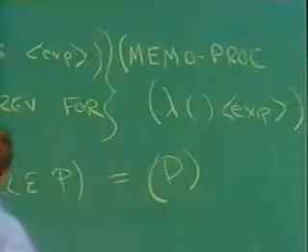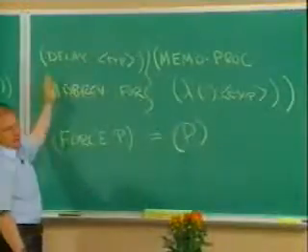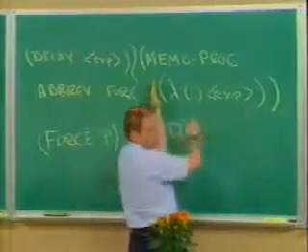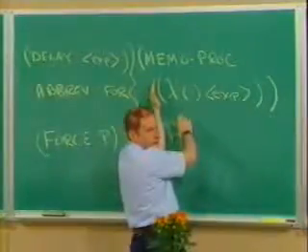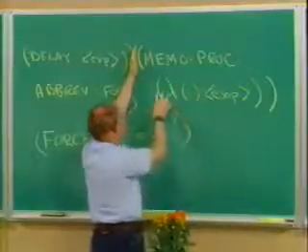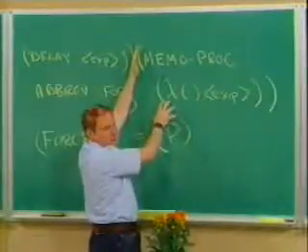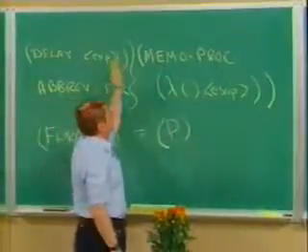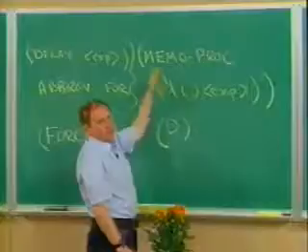So here, where I initially built as my tail of the stream, say, this procedure of no arguments, which someday I'll call, instead, I'm going to have the tail of the stream be memoproc of it, which someday I'll call. So that lambda of nil, that gets called when you call the memoproc.